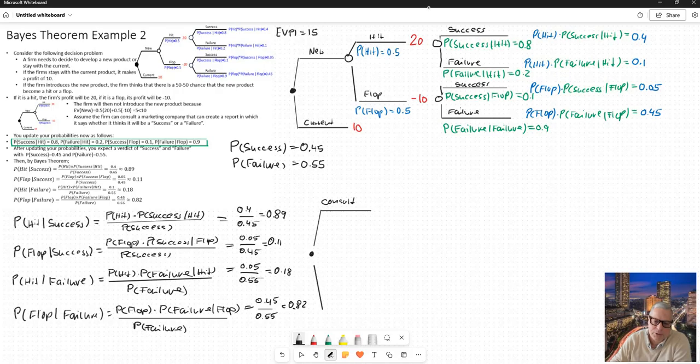We can consult, or we cannot consult. When we do not consult, we already decided earlier, because the expected value of the new car is less than the current, we go with the current and we get 10.